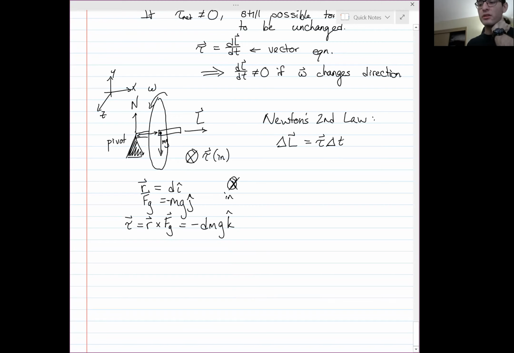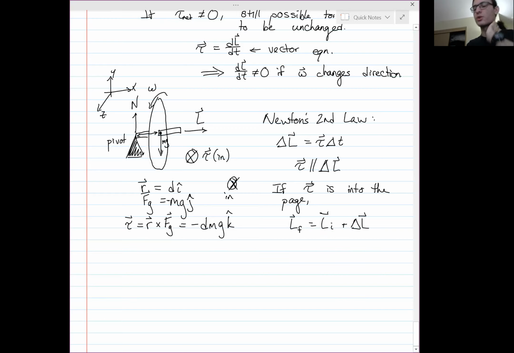What this means is that the torque vector points in the same direction as the change in L. The torque vector is parallel to delta L. So if the torque is into the page, that means that LF, which is equal to Li plus delta L, we can figure out what direction LF is in.